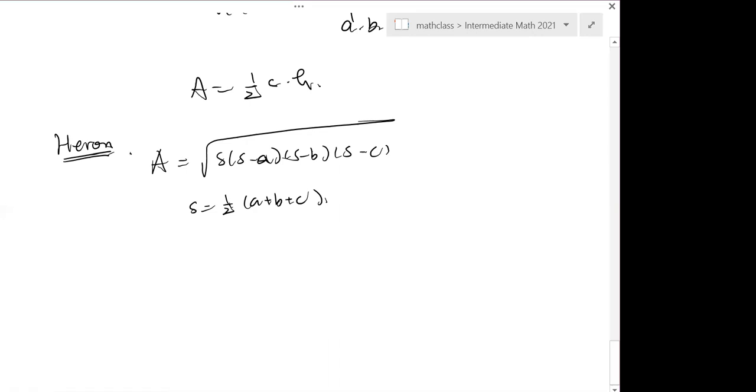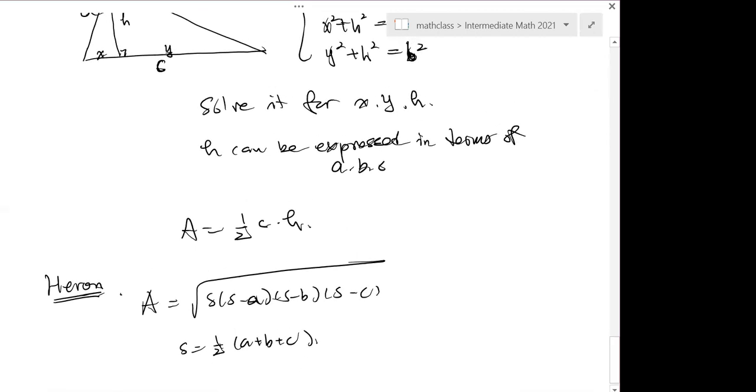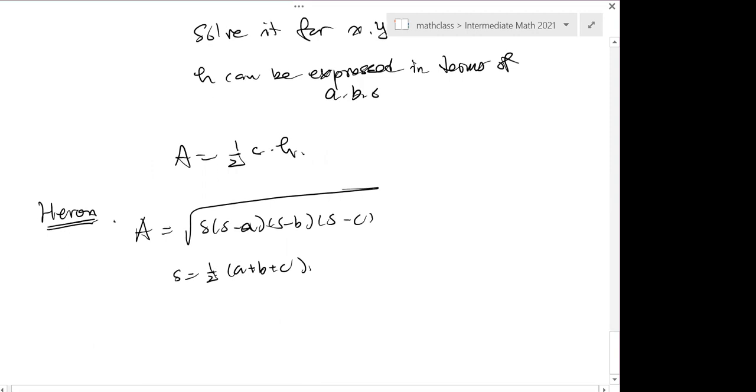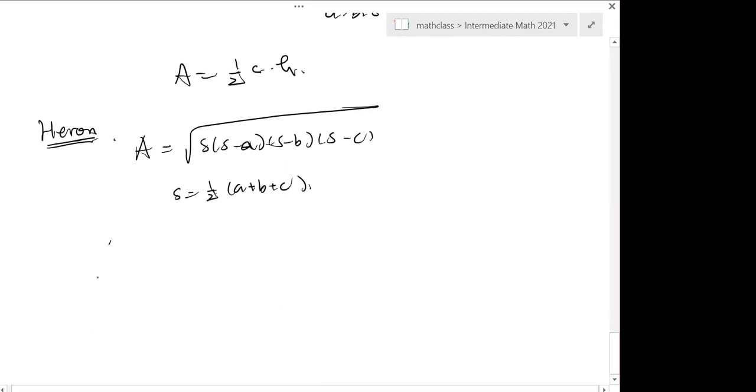Some of you maybe can try. I already gave you the hint here: solve the above equations and express it in terms of a, b, c. This will be discussed in my advanced math class, but I'll give you this formula. It's a pretty useful formula. Now you can find the area of a very general triangle.